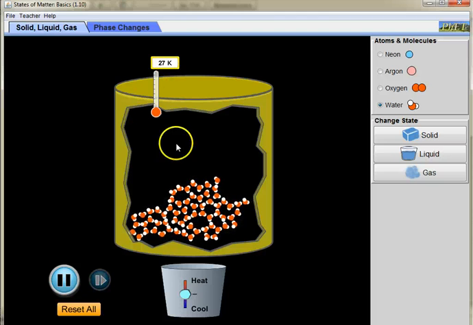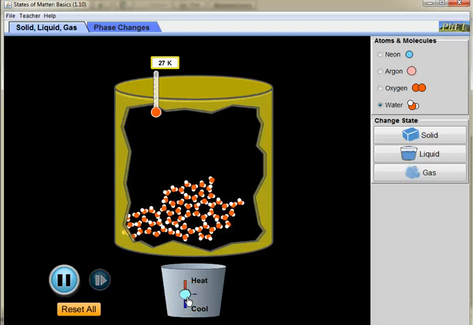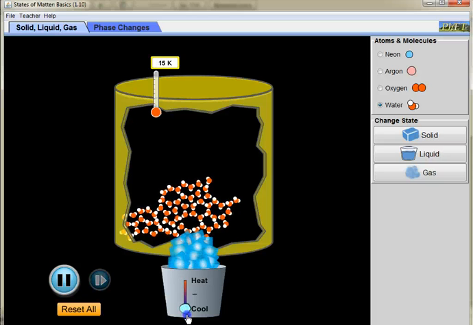Any guesses? Exactly, there will be no motion. Let's do that. Let's pull down the temperature even more.